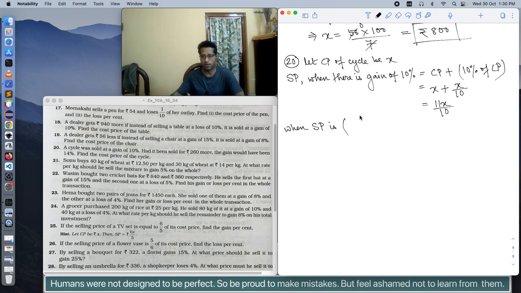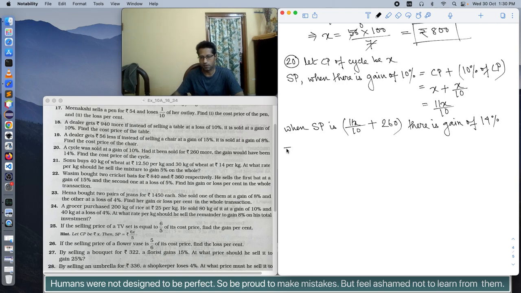So when selling price is 11x by 10 plus 260, there is a gain of 14%. This is what the problem is saying.